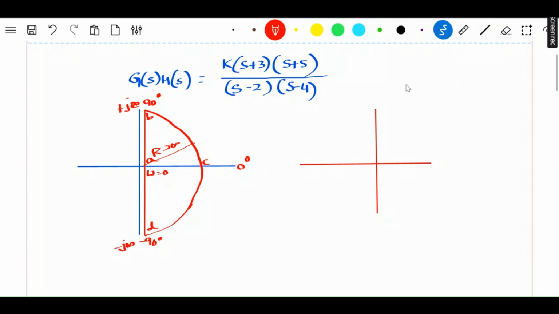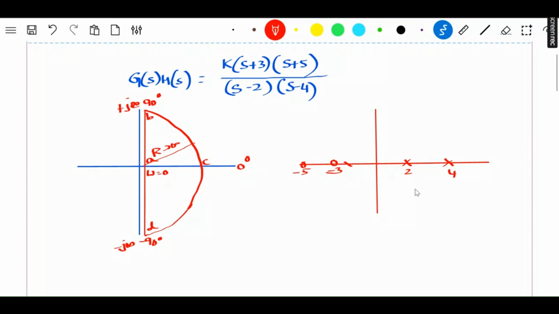So here we have one pole at +2, sorry, because it is S minus 2 and S minus 4. Therefore we have one pole at +2, one pole at +4, and then we have one zero at -3 and another zero at -5.